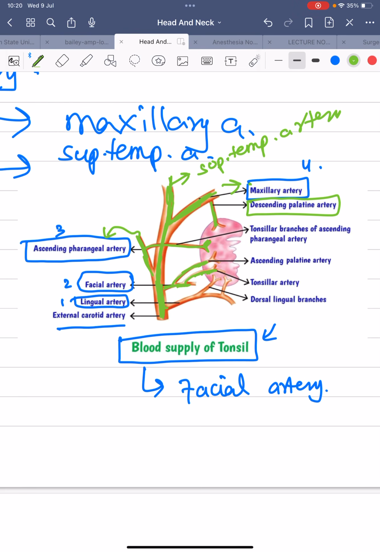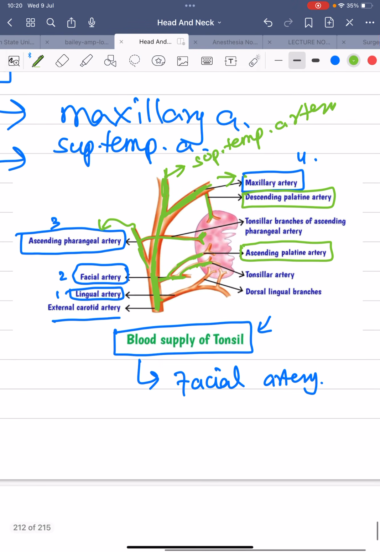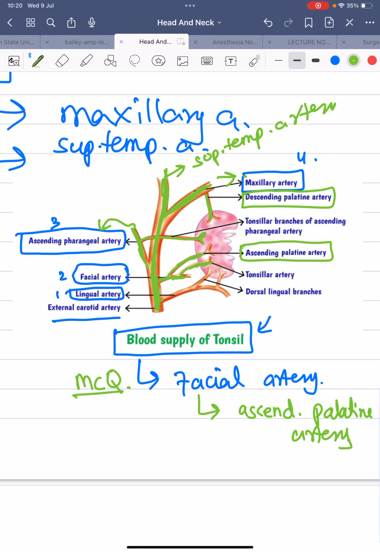So please remember one MCQ here, that the facial artery is giving the ascending palatine artery. This is your MCQ. And the maxillary artery is giving you the descending palatine artery.